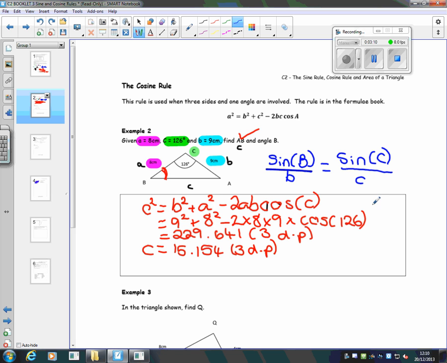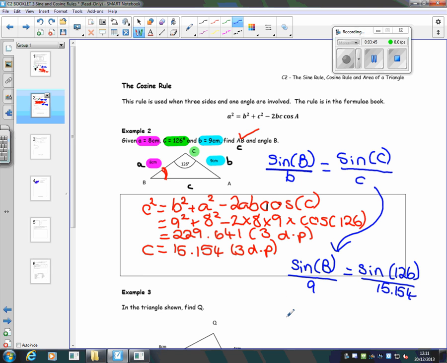So putting in the values that we know, we will have sine of capital B, which is what we're trying to find, divided by lowercase b, which is 9, is equal to sine of capital C, which we know is 126 degrees, divided by lowercase c, which we have just found to be 15.154.